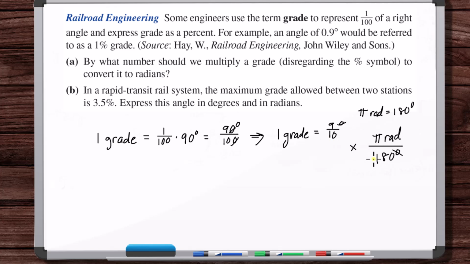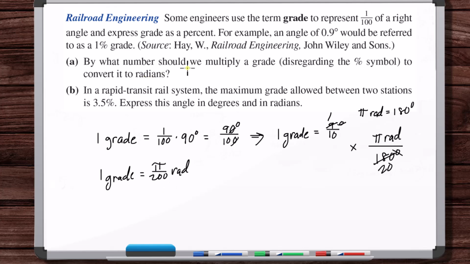So, okay, 9 times 20 is 180. So pi over 200. 1 grade is pi over 200 radians. That's the conversion factor between grade and radians.